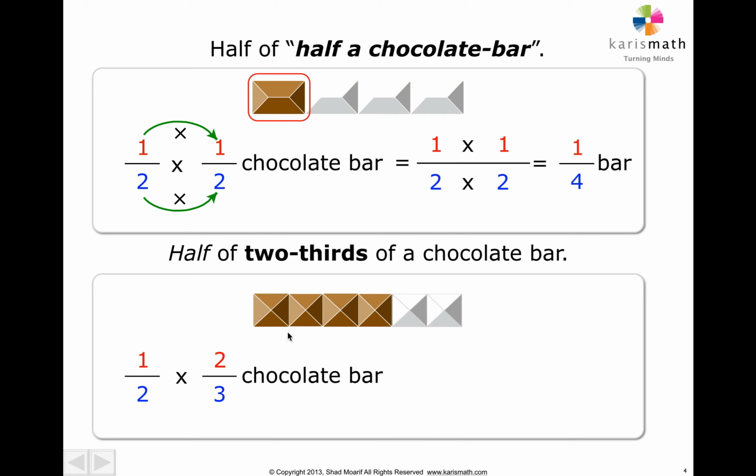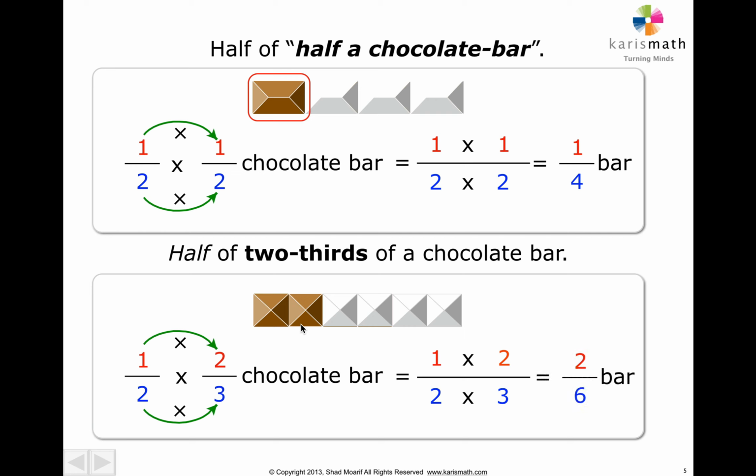All of these are broken into two, and you take one of those parts out of each two. So when you do 1 times 2, that's 2/6. And that's the answer, which is the same as 1/3. So half of 2/3 is 1/3.